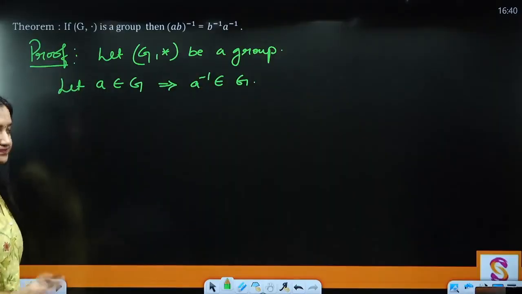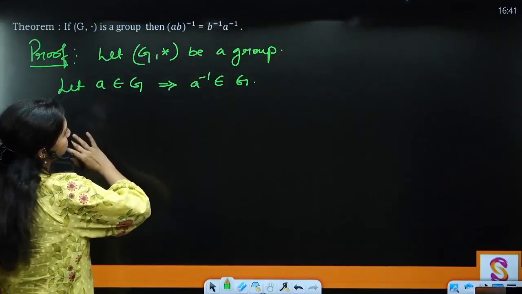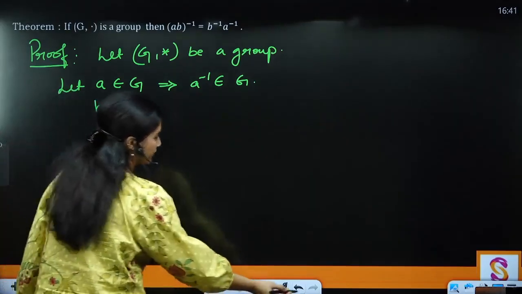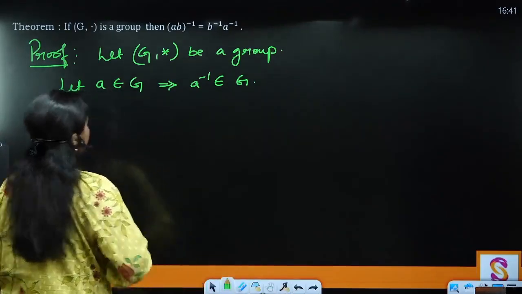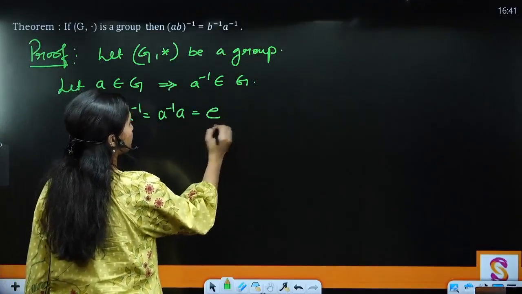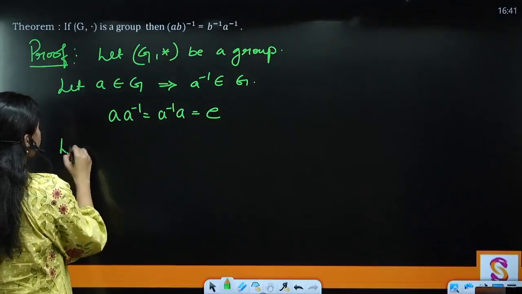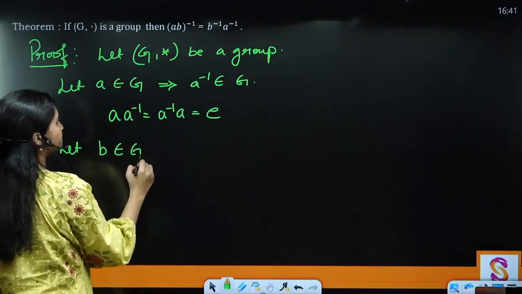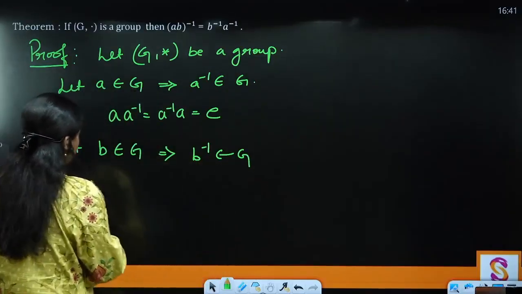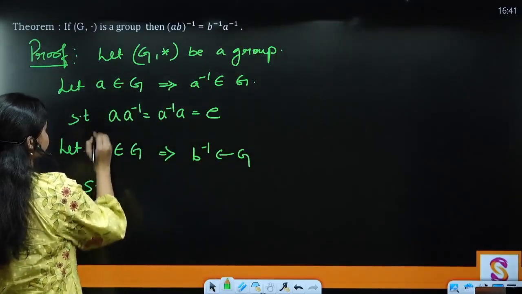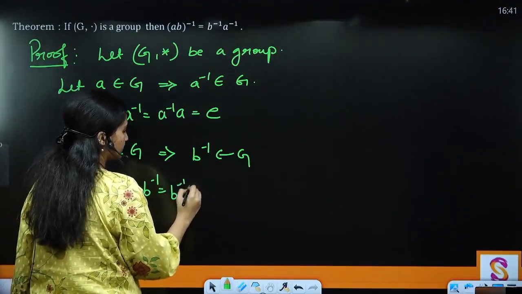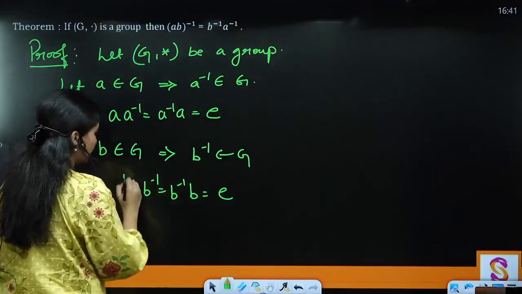Any problem? Now, okay, B belongs to G. So A inverse equals A inverse A equals E, and let B belongs to G. This implies that B inverse belongs to G, such that B inverse equals B inverse B equals E, right?